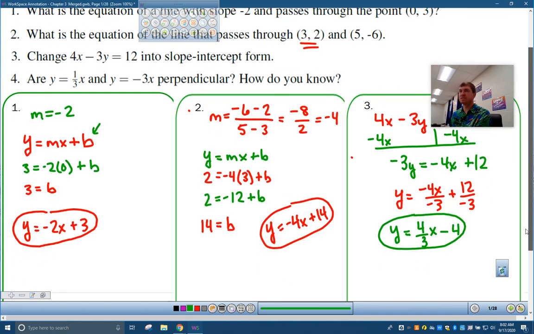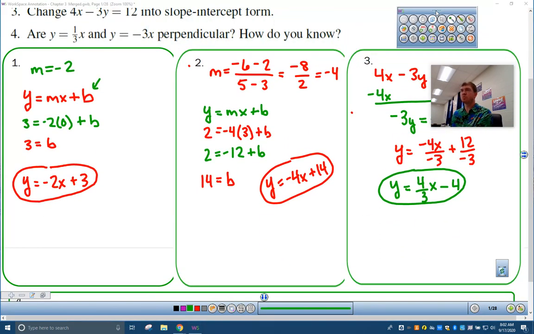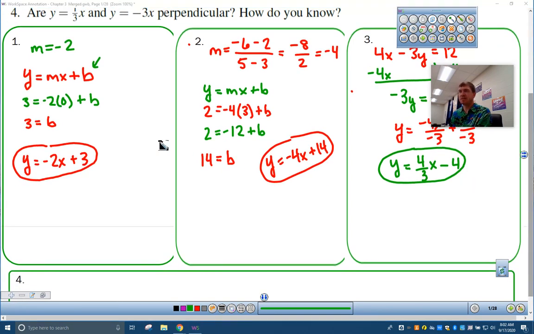The last question here for the review says, are y equals 1/3 x and y equals -3x perpendicular? How do you know? Well, you really can tell by looking at their slopes. We have a 1/3 and we have a -3.